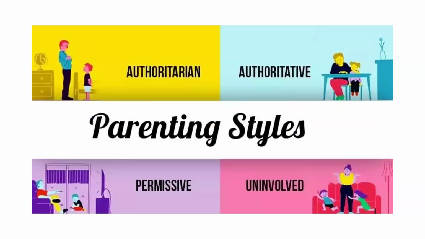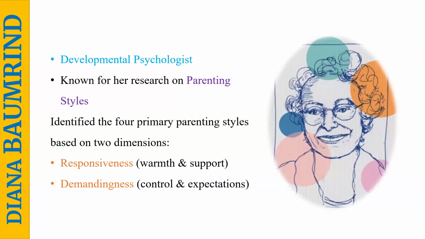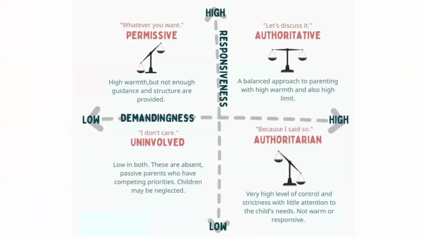Then we have parenting styles, four types of parenting style given by Diana Baumrind. She was a developmental psychologist. She has given parenting styles and used two dimensions for them, that is responsiveness, that is warmth and support, and demandingness, that is control and expectations. So when we talk about her four types of parenting style, I will start with the authoritative.